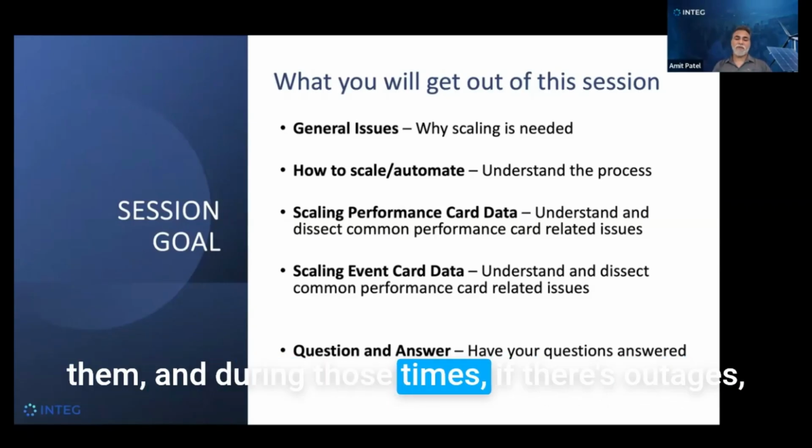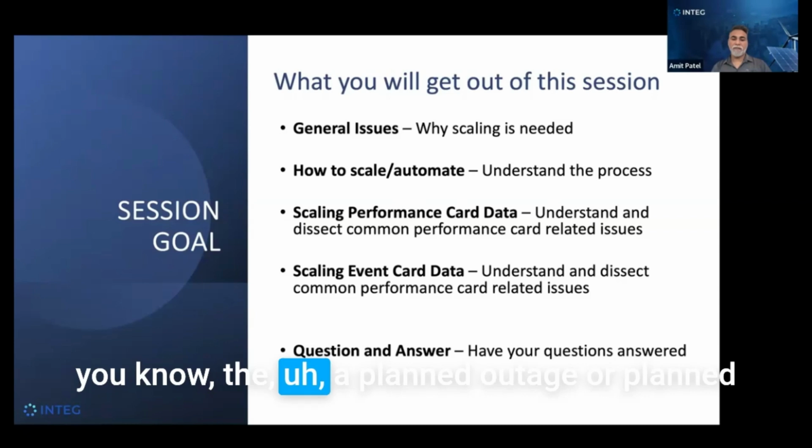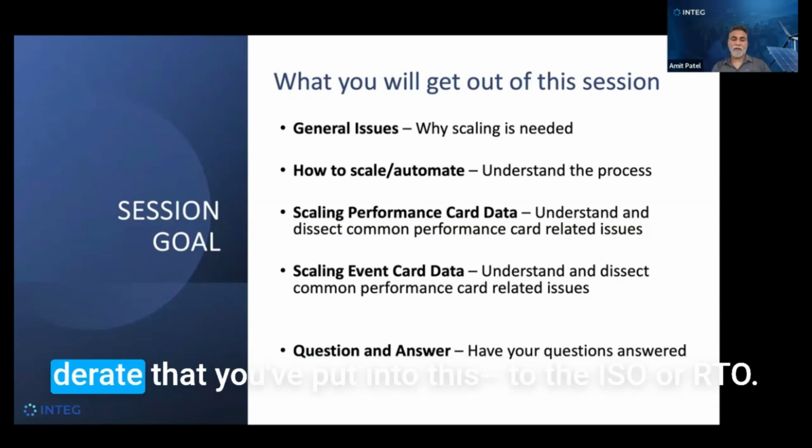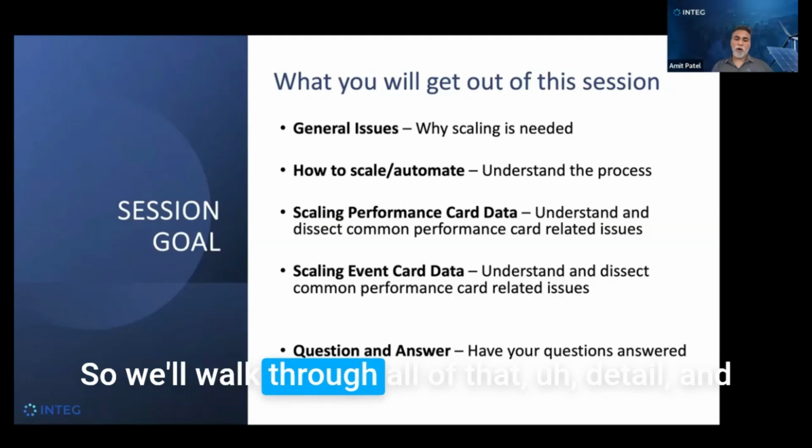During those times, if there are outages, we can assume that those are related to a planned outage or planned derate that you've put in to the ISO or RTO. And then the rest of the events we can assume are going to be forced events. So we'll walk through all of that detail.